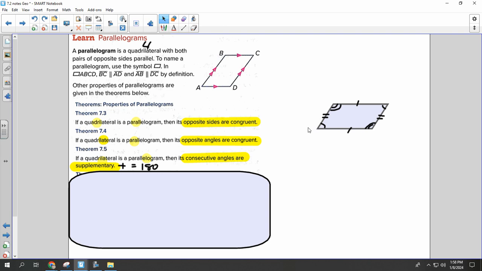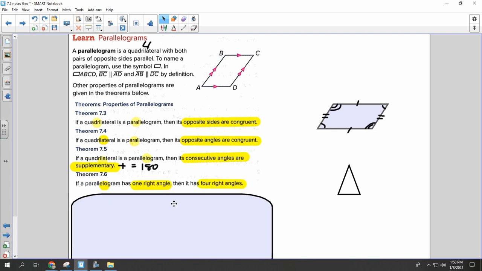So these two angles are supplementary, then these two angles are supplementary, these two angles are supplementary, and these two angles are supplementary. And supplementary means that they add up to equal 180.